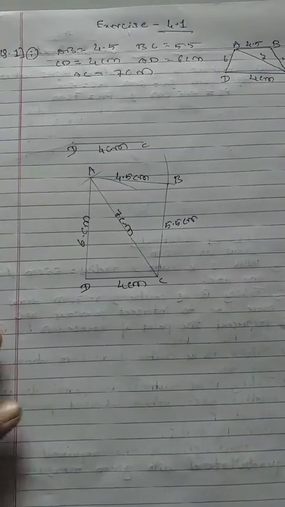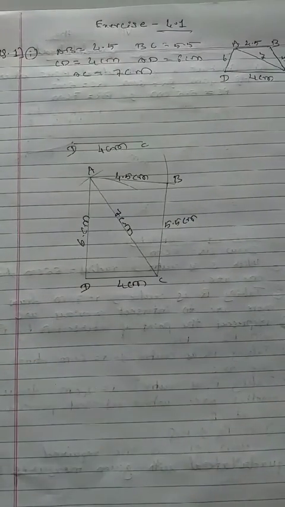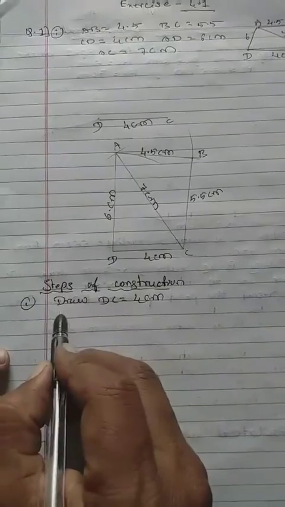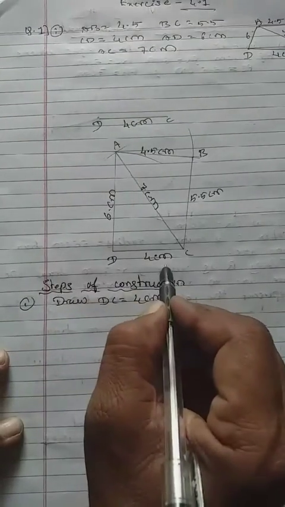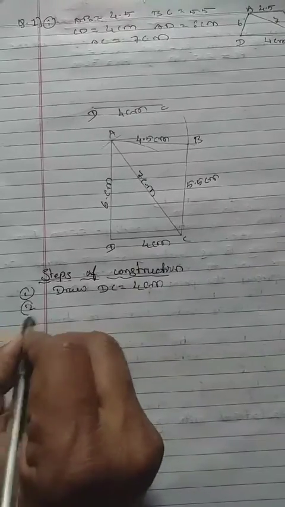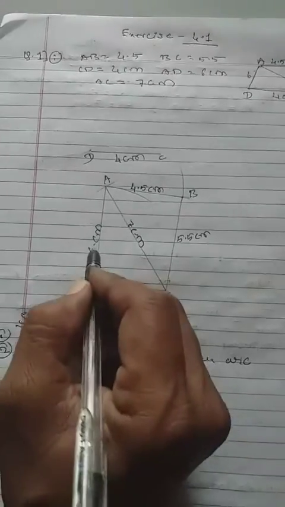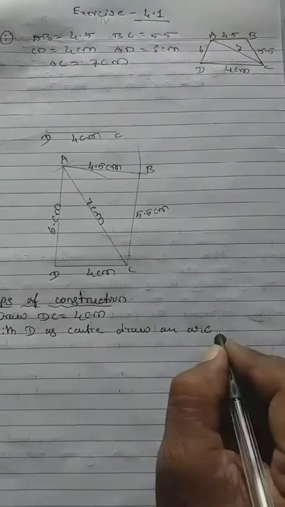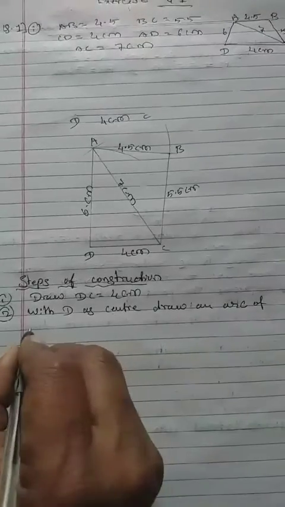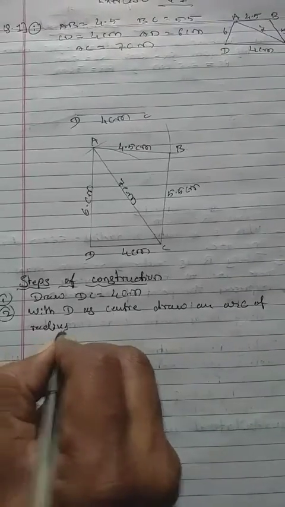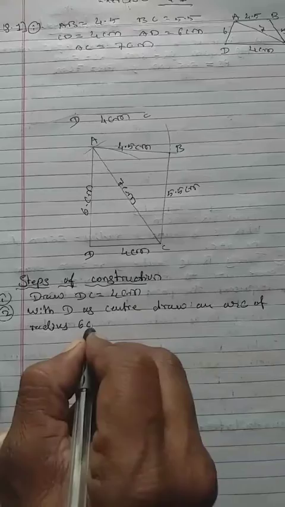Now write the steps of construction. Step 1, draw DC equal to 4 centimeters. Step 2, with D as center, draw an arc with radius 6 centimeters.